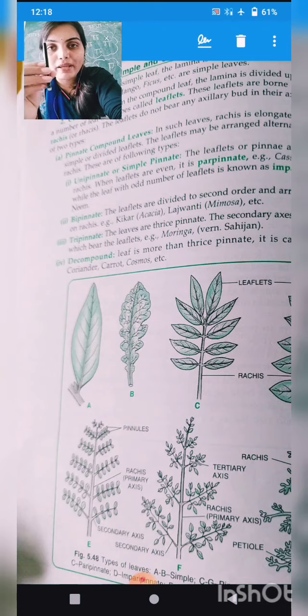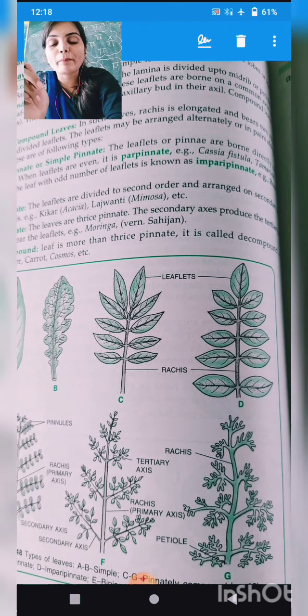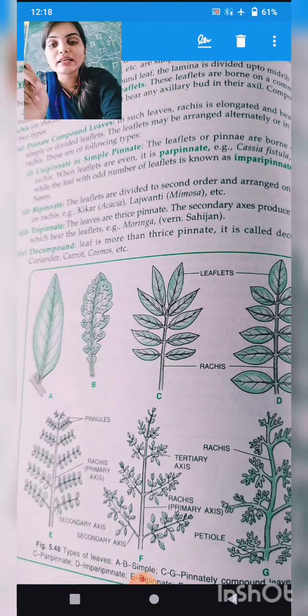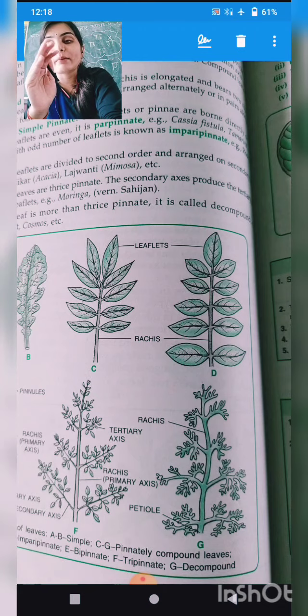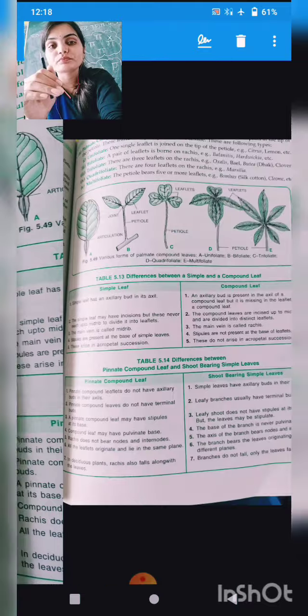When through one base only one leaf is attached, that is a simple leaf, and when through one base different leaves are attached, that is known as a compound leaf. Here you can see examples of compound leaf through C, D, E, F and G. G1 is the most compound, because through one base several leaves are attached, and they are also bifurcated.